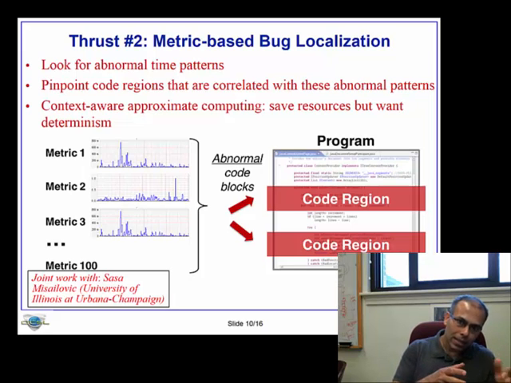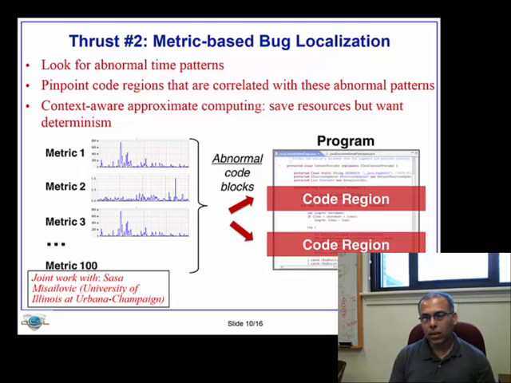While it does save resources, one question that the community has is if something goes wrong, so maybe my results become inaccurate or the performance improvements that I was expecting don't materialize, how can I go back and pinpoint this to either an incorrect approximation or too aggressive an approximation? And we have developed some techniques in order to do this kind of a root cause analysis for approximate computing programs. And this is joint work with the University of Illinois at Urbana-Champaign.